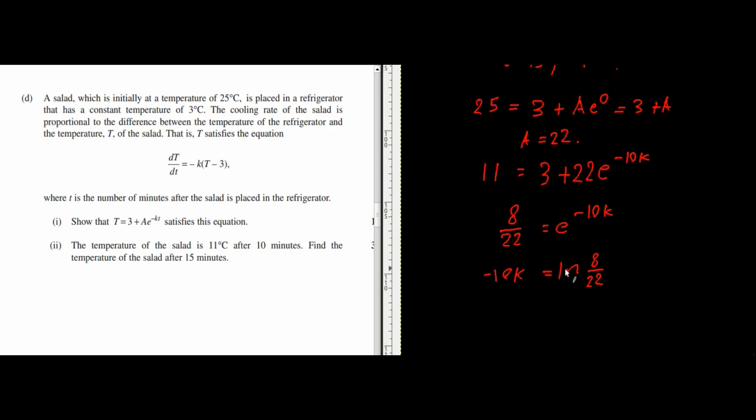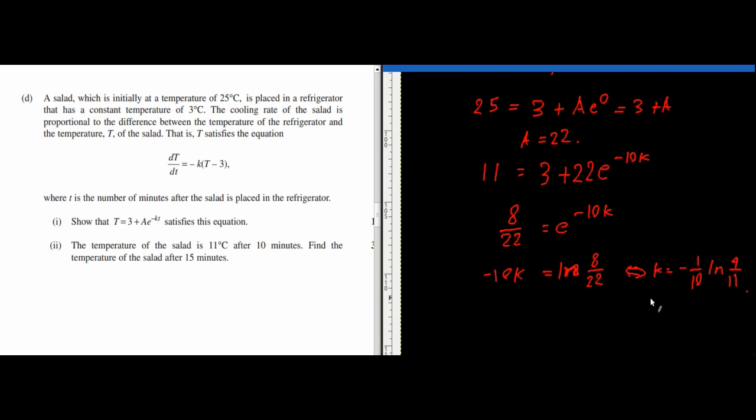It's probably a good idea to leave it as it is, but if you really want, you can say k is equal to minus 1 on 10 ln of 8 on 22, which you can simplify to be 4 on 11. Then plug it in your calculator and get what the value is.